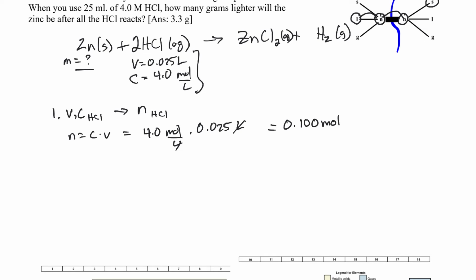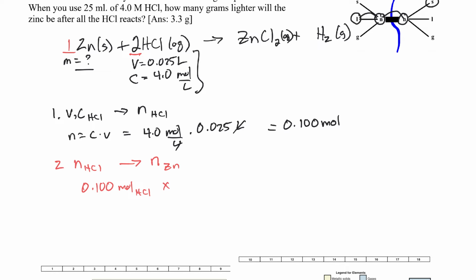Okay, that's step 1. Step 2 will be to take the moles of HCl and using the mole ratio, convert it to moles of zinc. It looks like the ratio is 2 to 1. So I write what I have, 0.100 moles of HCl.